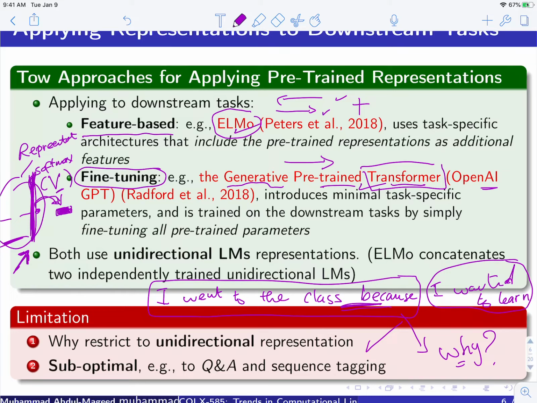And what they are saying is that a model that really looks at both directions should relate learning to going to class. Okay, and so they are saying this is useful when you pre-train a model bidirectionally. They are saying this is also useful for something like sequence tagging, for example, right?